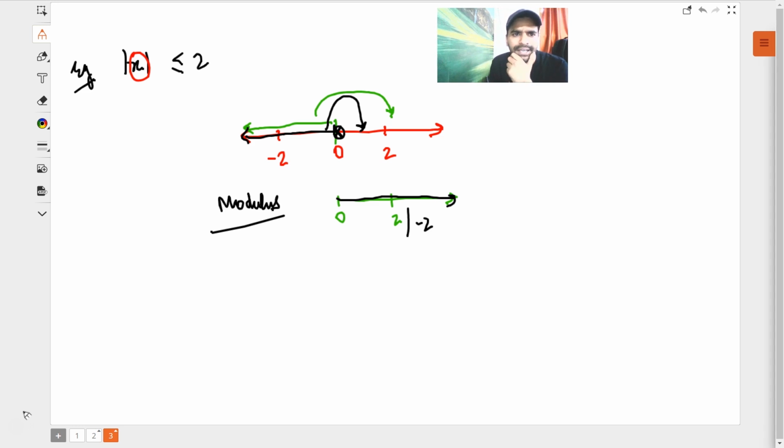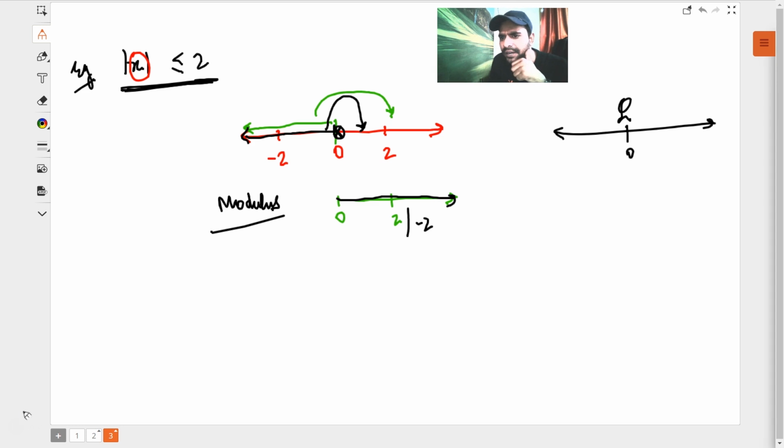What I want is mod of x always lesser than or equal to 2, which means what? If I'm traveling on a number line from the origin, if I reach 2, and towards the left-hand side, if I reach -2, in between -2 and 2, my mod of x will always be lesser than or equal to 2, right?